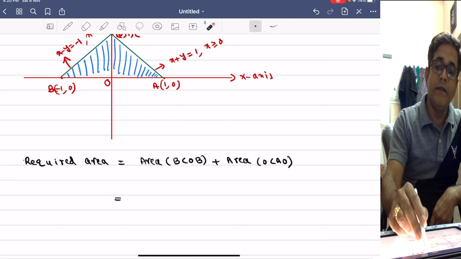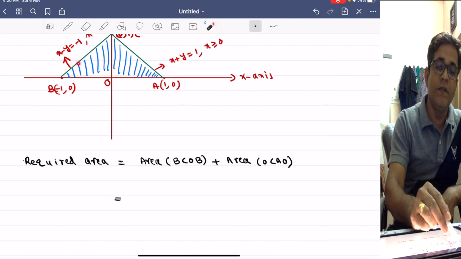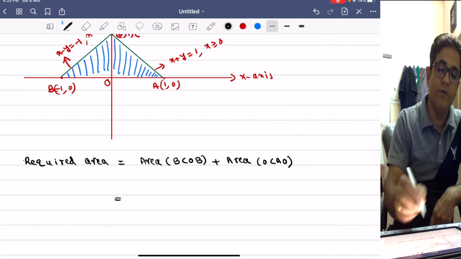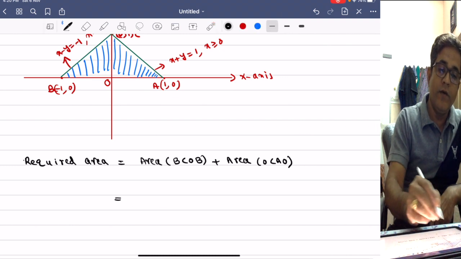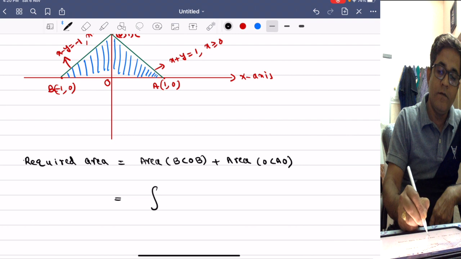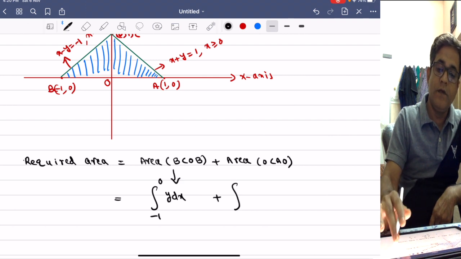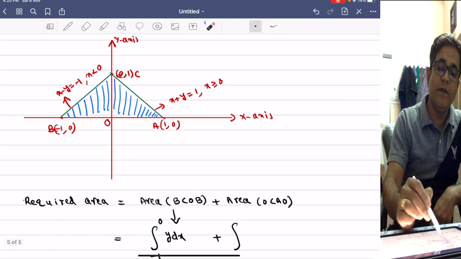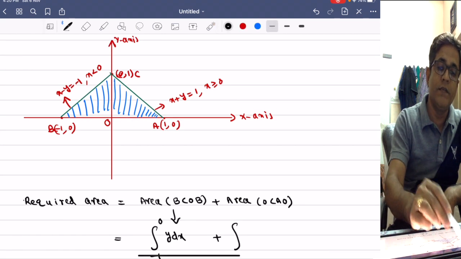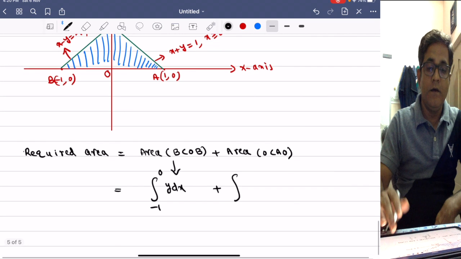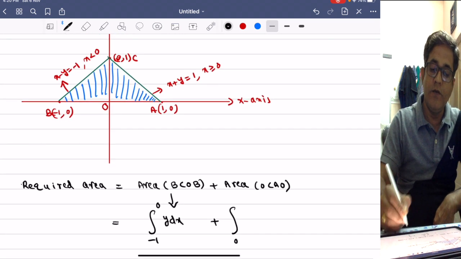So this area, that is area BCOB, is equal to the integral with lower limit −1 and upper limit 0 of y dx, plus now this area OCAO, is equal to the integral with lower limit 0 and upper limit 1 of y dx.